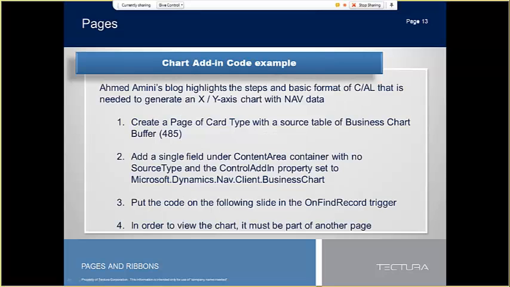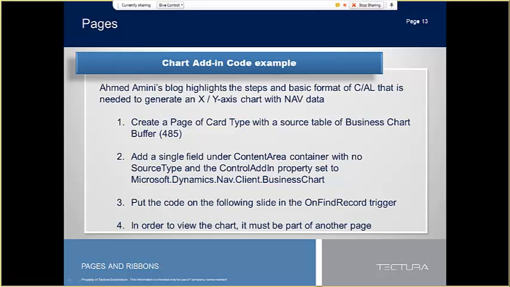Ahmed Amini's blog highlights the steps and basic format of C/AL that is needed to generate an XY axis chart with NAV data. Step 1. Create a page of card type with a source table of business chart buffer, table 485.